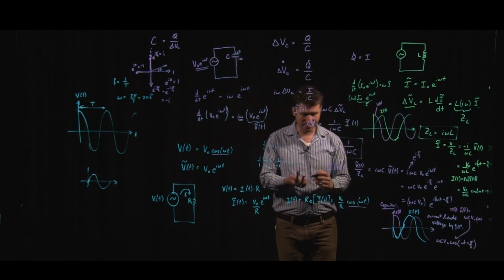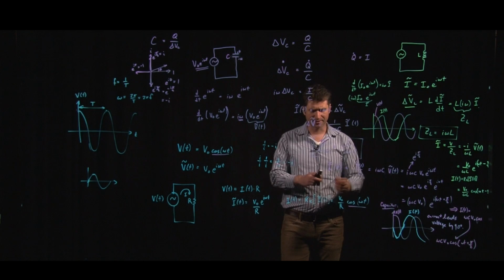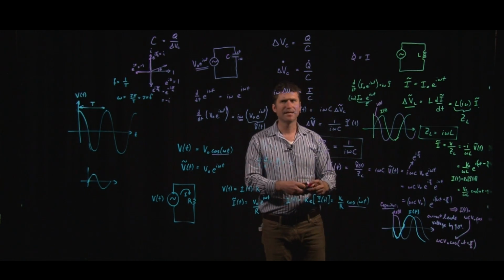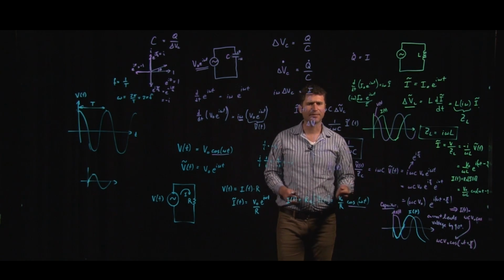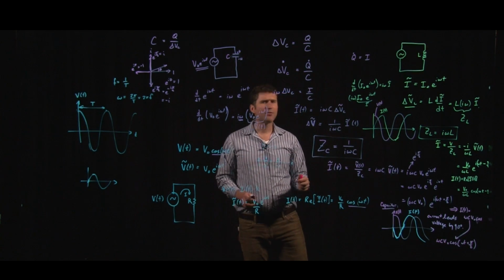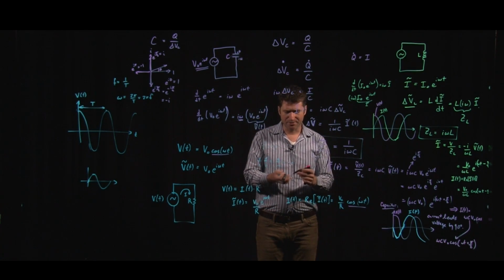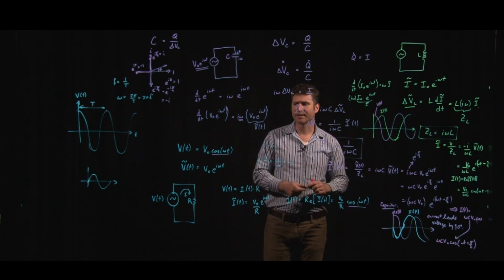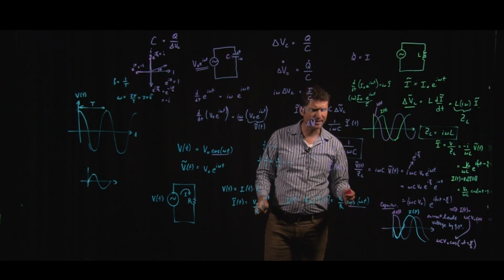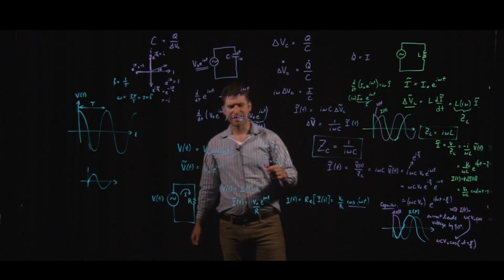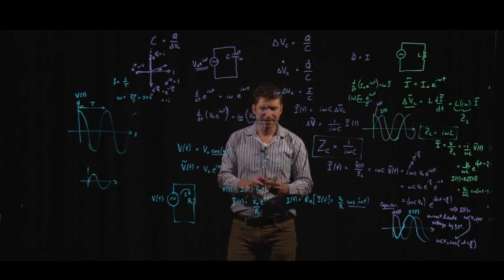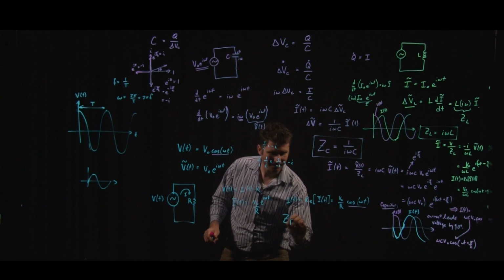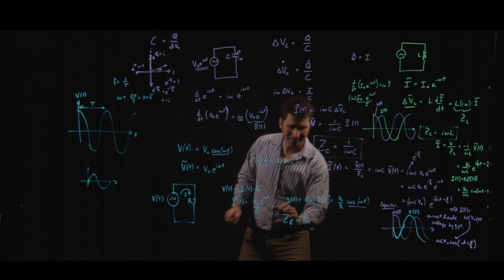We're actually able to now write down these complex impedances, and after erasing a few things, I'm going to summarize these complex impedances and how to use them to analyze the properties of a few different kinds of filtering systems. So let's see. In summary, the complex impedance of a resistor is simply R, right?